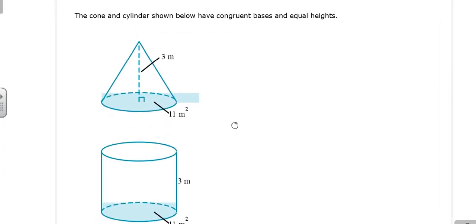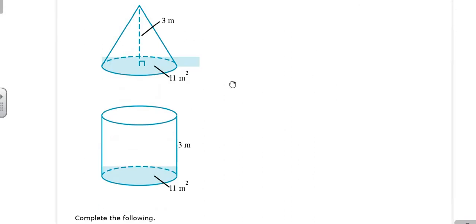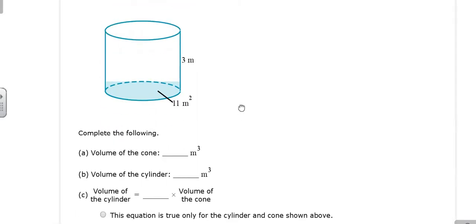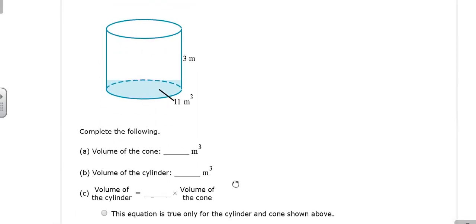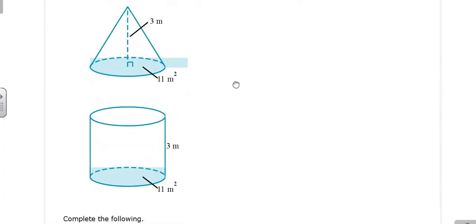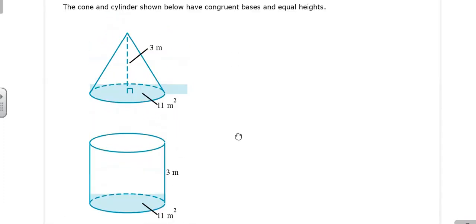The cone and the cylinder have equal heights, and we're going to compare the following. So we're going to be finding, look down below, the volume of the cone and the volume of the cylinder. So step one, we're going to find the volume of both, and we're going to do this in pi form.